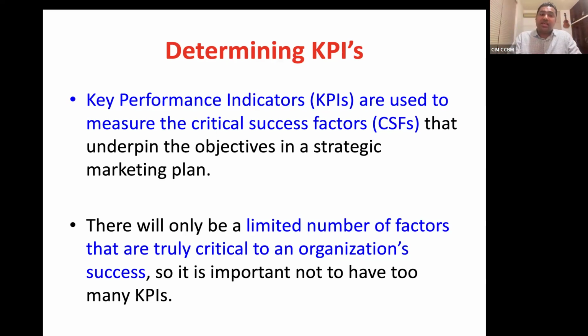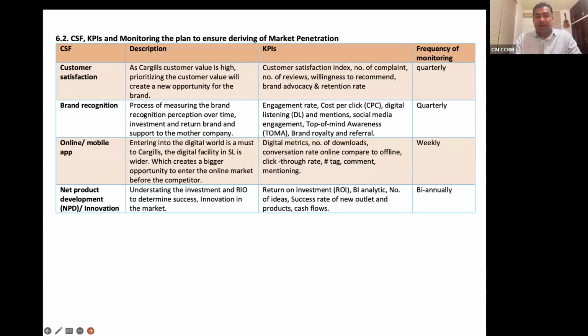We call them a key performance measure or a key performance indicator, KPIs. There will be a limited number of factors that are really critical to the organization's success. That's why we call it critical success factors. And it is important that we measure them.